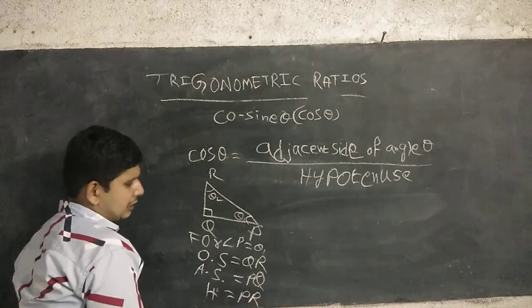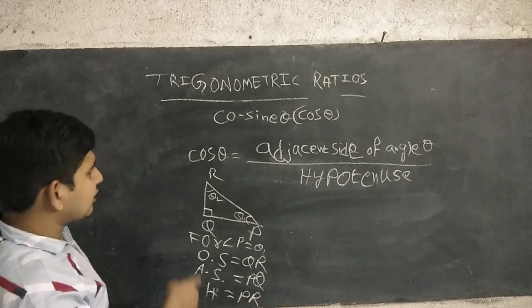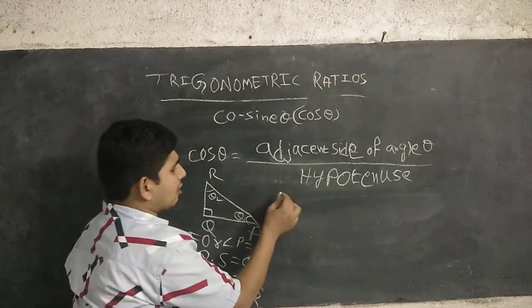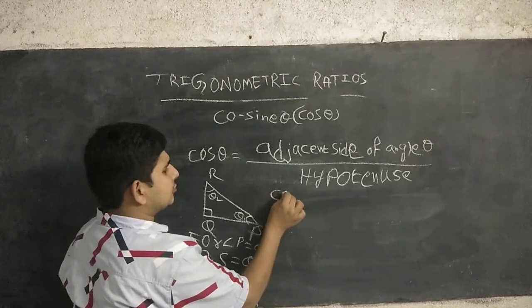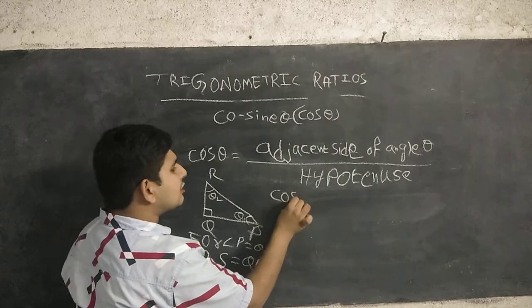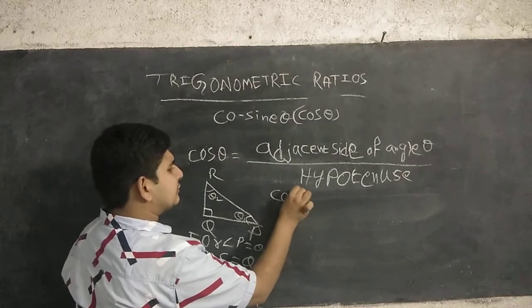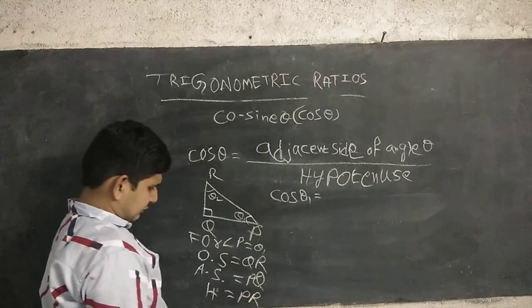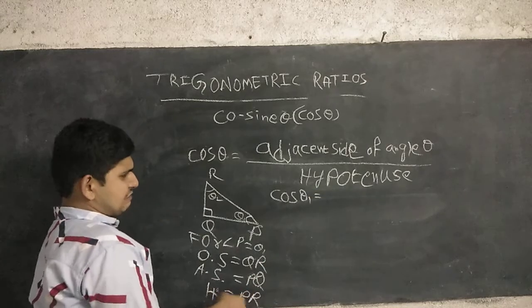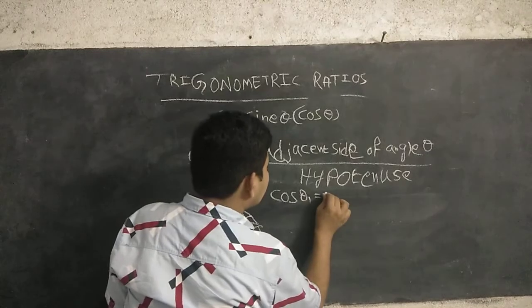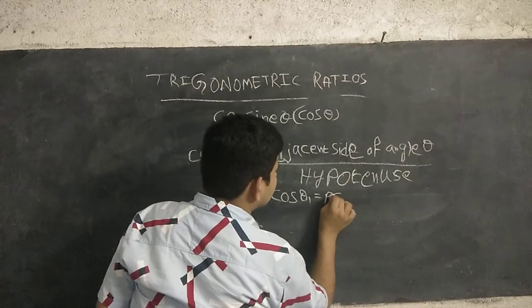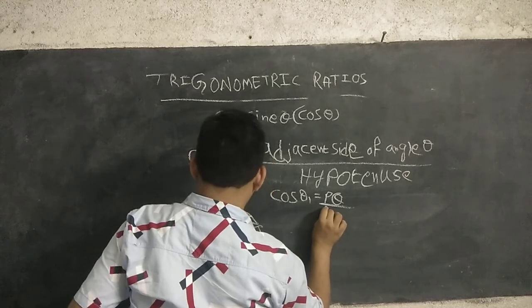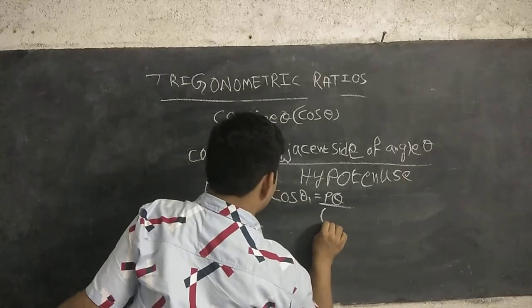Hypotenuse equal to PR. Now by the definition of cos theta, cos theta 1 is equal to the adjacent side over the hypotenuse, which is PQ by PR.